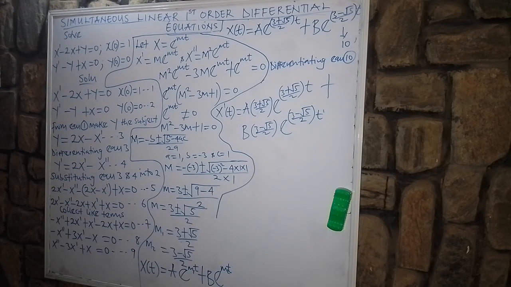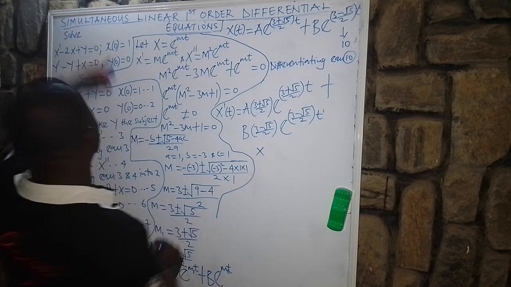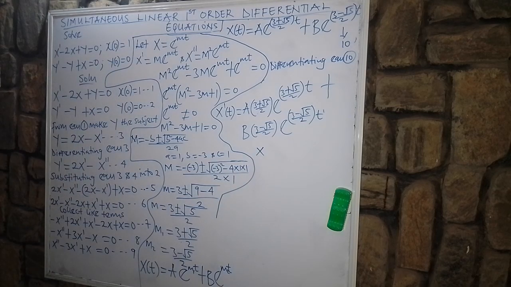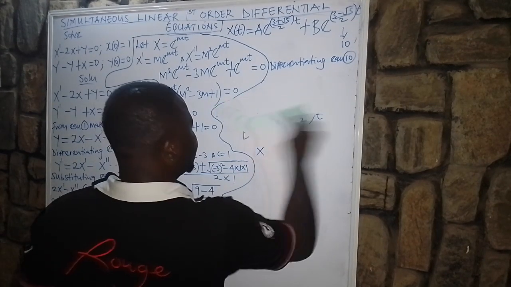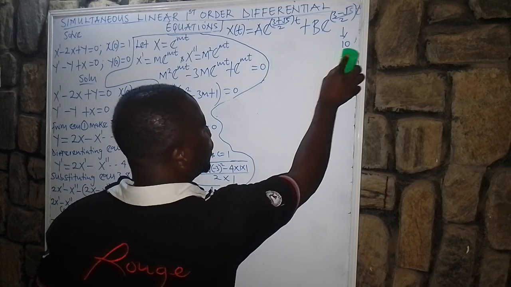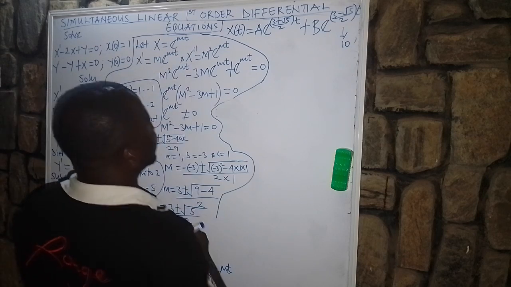So now let's look at the condition. Okay, since we don't have a prime, there is no need of differentiating it. What we need to do is introduce the initial condition to equation 10.